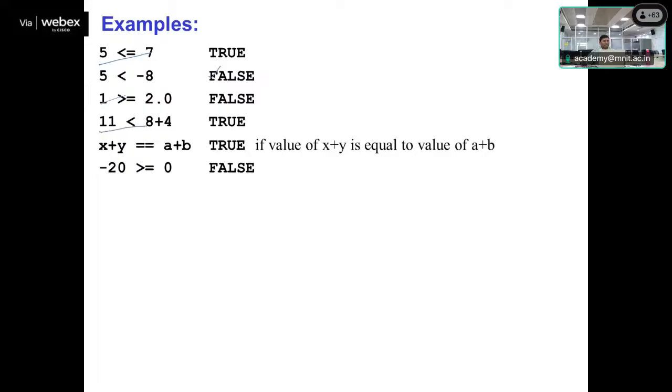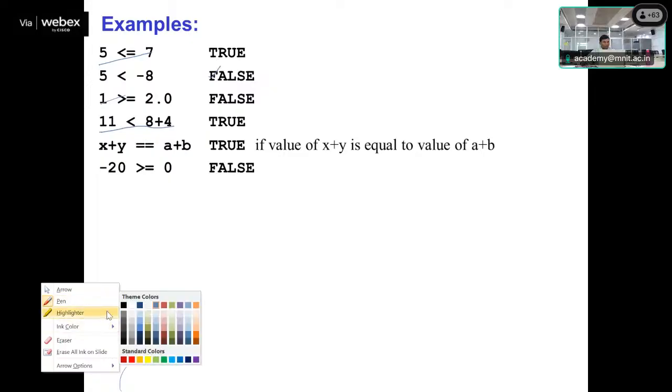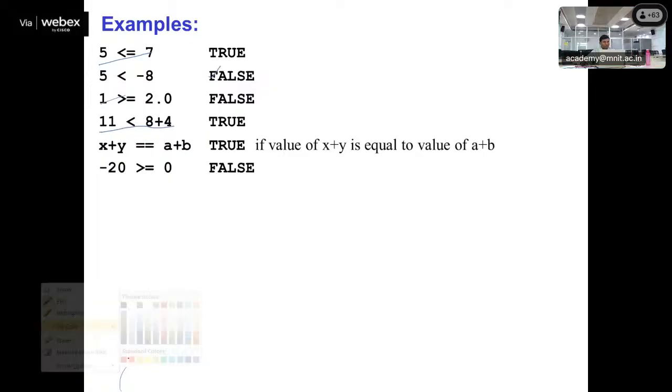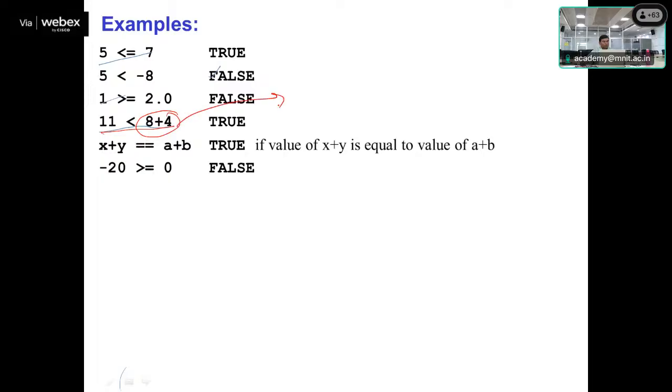11 less than 8 plus 4. In this case, first the expression on the right-hand side of the operator is evaluated. So 8 plus 4 becomes 12, and then the comparison is performed with 12.